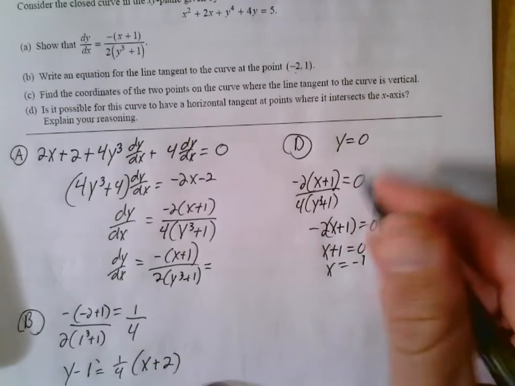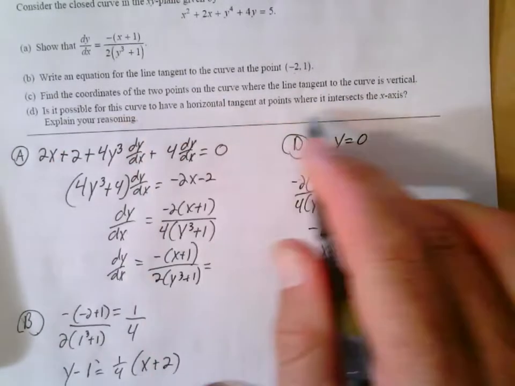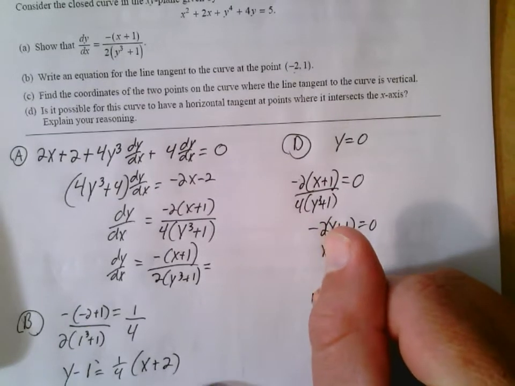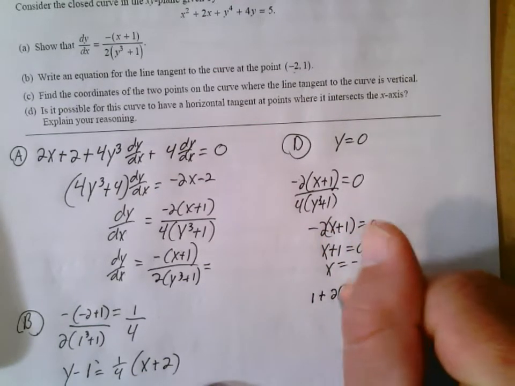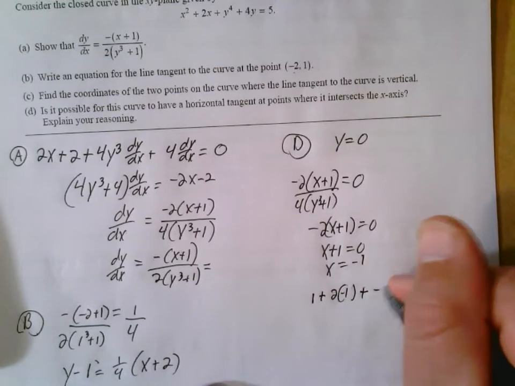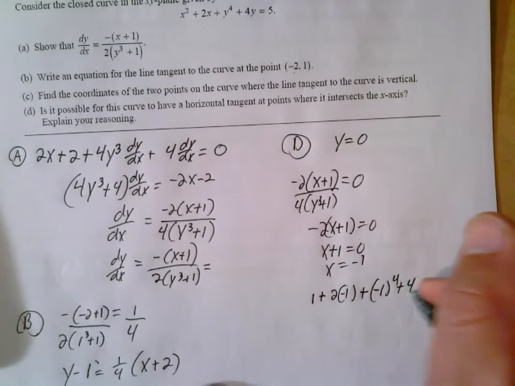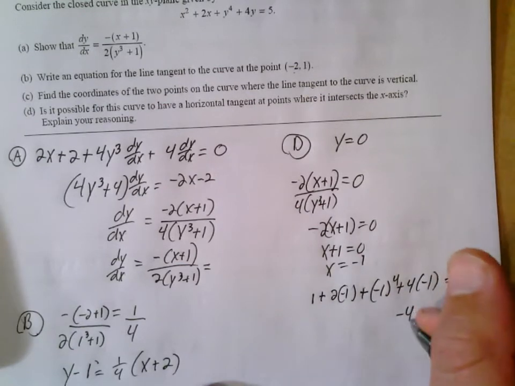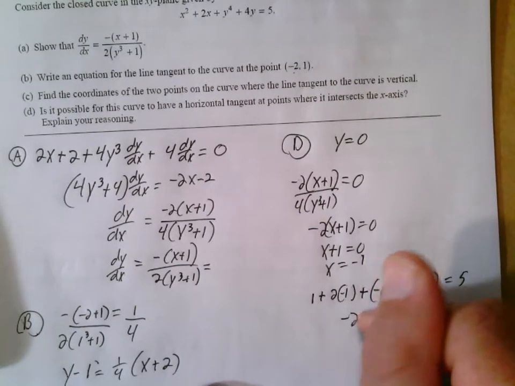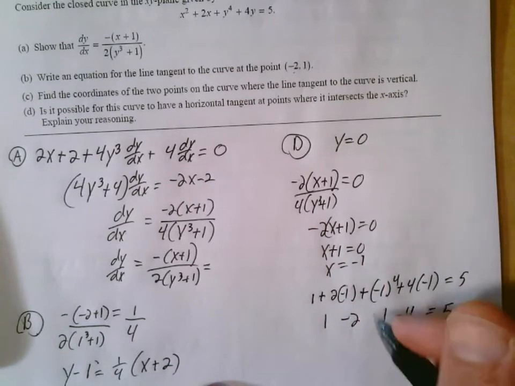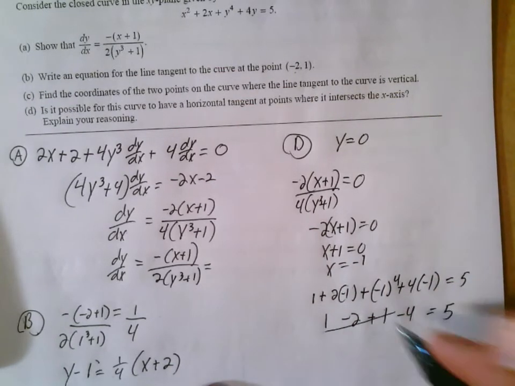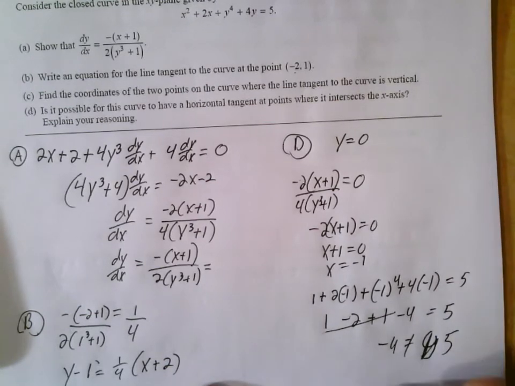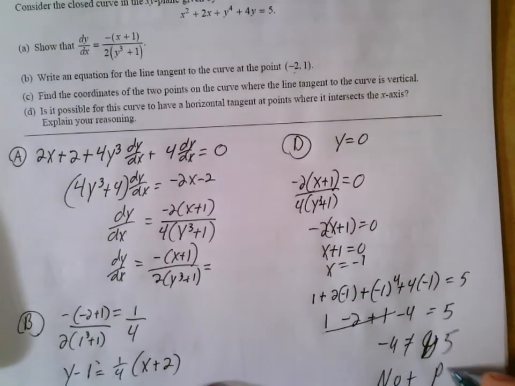X equals negative 1, y equals 0. Plug it in and we'll be able to find out if it is possible. So x squared is 1 plus 2 times negative 1 plus negative 1 to the 4th plus 4 times negative 1 equals 5. That's negative 4. That's 1. That's negative 2. That's 1. That goes away, negative 4. Negative 4 does not equal negative 5, not possible.